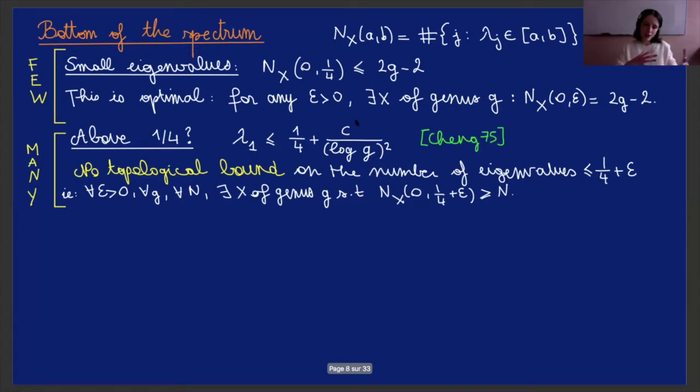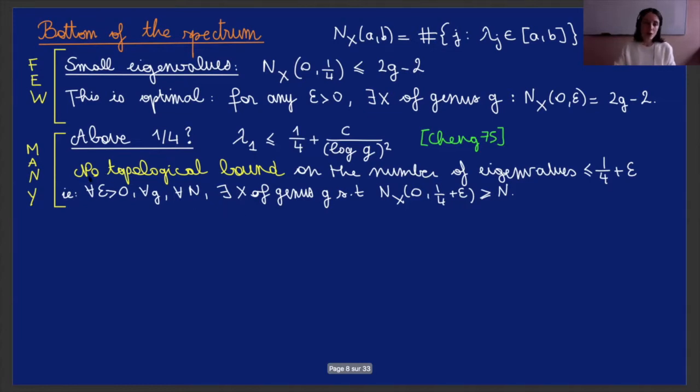So the large genus limit corresponds to surfaces which become bigger and bigger, and they're going to become, in a sense, possibly close to the hyperbolic plane, and the hyperbolic plane has spectrum starting at 1/4. So therefore, when they become big, they're going to have spectrum starting at 1/4. So there's always an eigenvalue a bit above 1/4 in our limits.